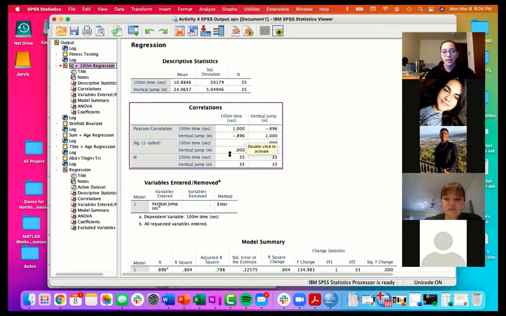And the p-value for that relationship would be 0.000. You'll remember earlier in the semester, I stated that whenever you see 0.000, usually that just means that SPSS has run out of numbers. So always report 0.000 as less than 0.001.